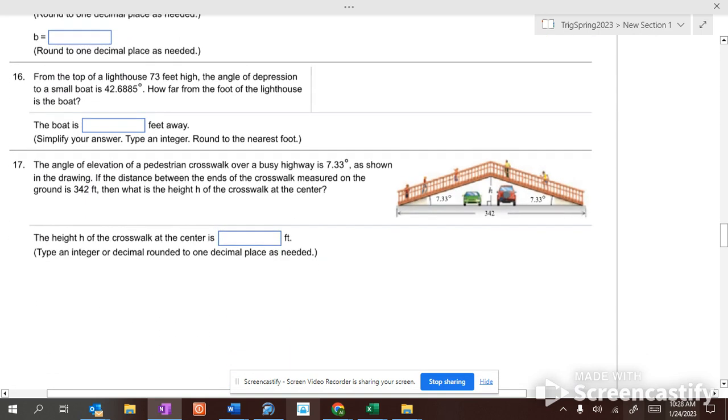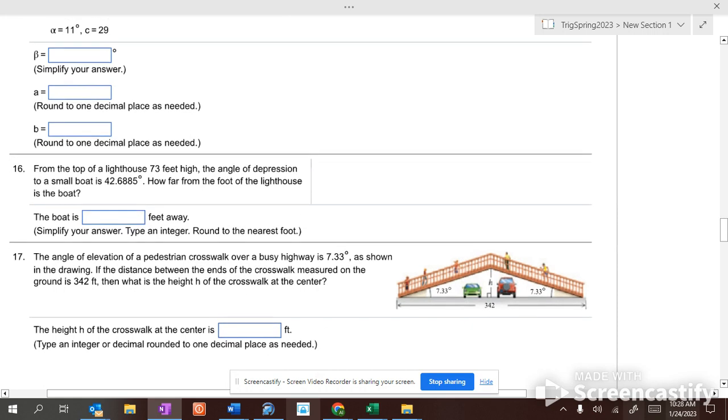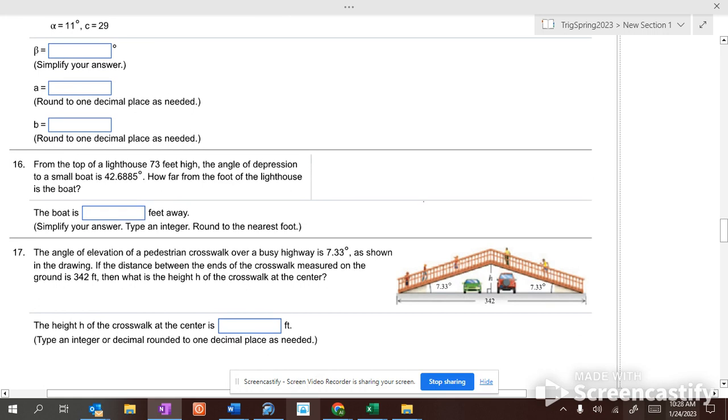Okay? So, angle of depression. Here's a lighthouse. Somebody's looking down upon a boat.